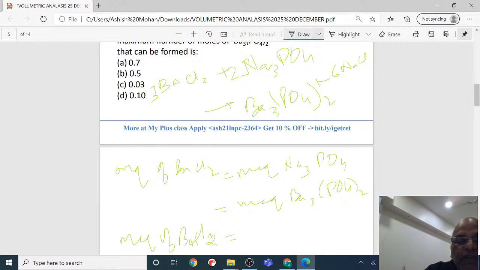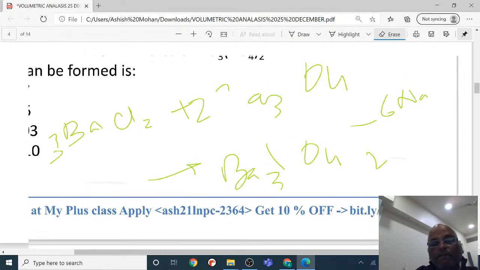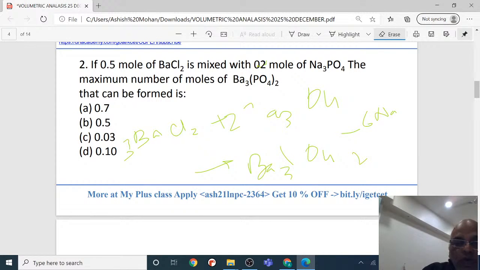We can directly use the formula of limiting reagent.